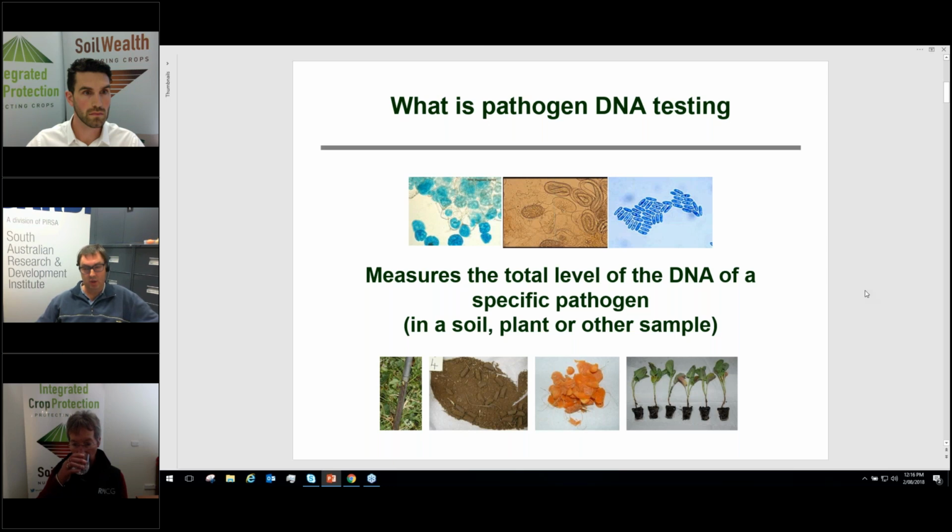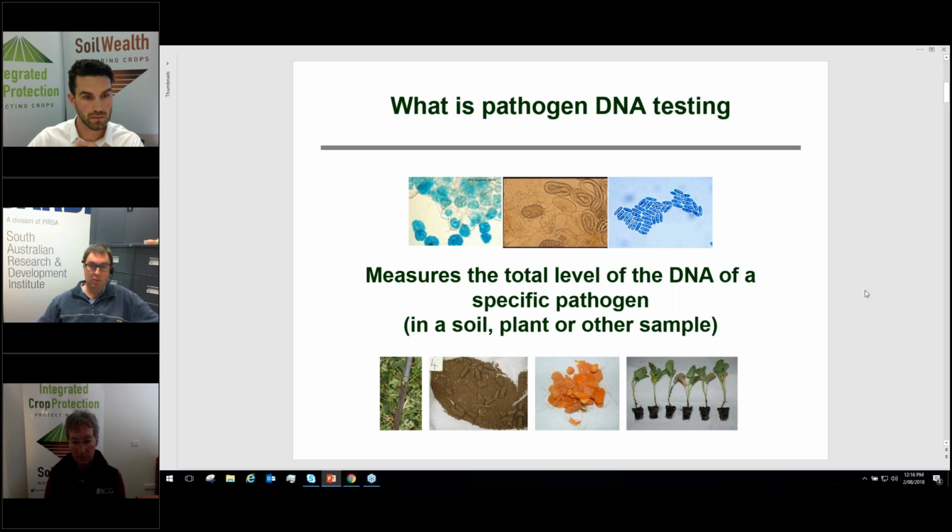It's a black box technology, some people might say, but the way that we've developed the technology is we're measuring the total level of the DNA in whatever sample we're looking at. Now, it's going to pick up everything. On that slide there, you've got some J2 Meloidogyne fallax, you've got eggs, you've got spores, you've got long-term resting spores, but you'll also have hyphal growth.